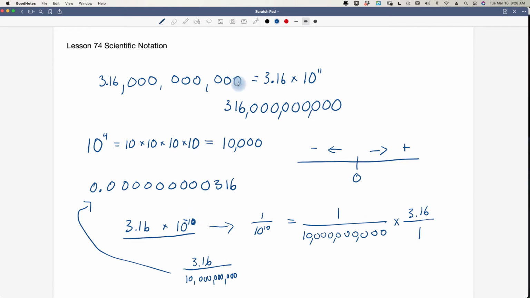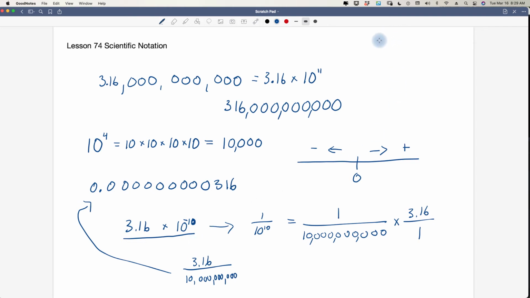When you move it to the left, you're going to use a positive exponent, because when you move it to the right, you have to make it smaller when you multiply. When you move it to the left, you're going to have to make it bigger when you multiply. So if you can remember that, positive means you're going to make the number bigger, and negative means you're going to make the number smaller.